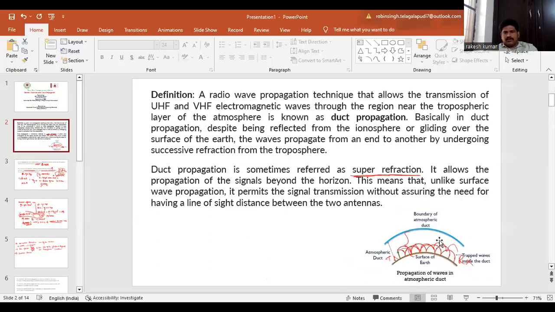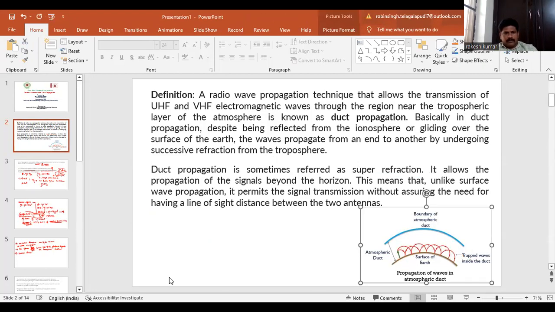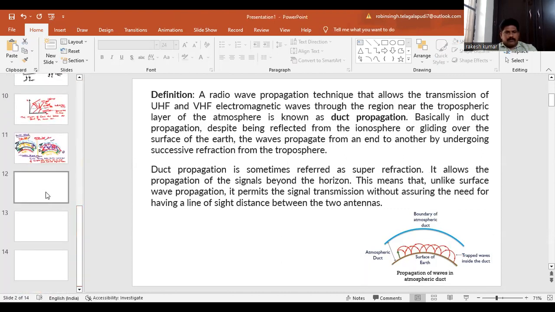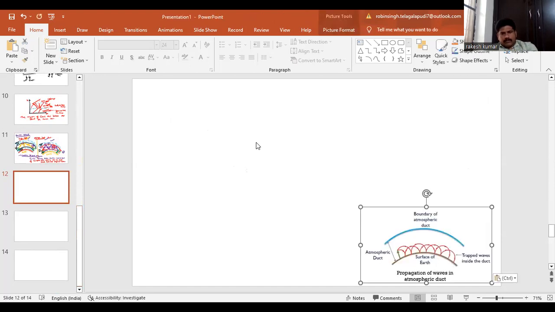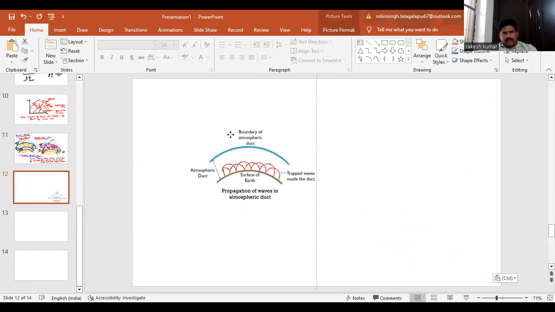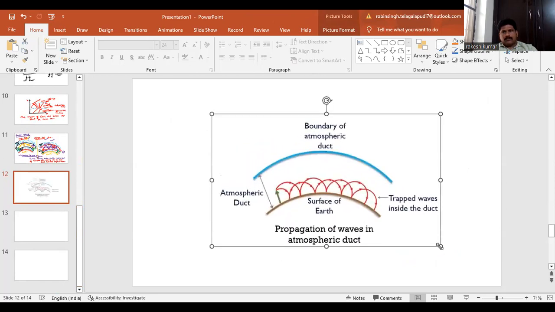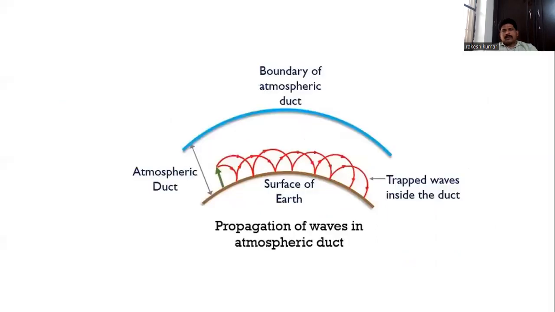Means, for example, let us consider this. So this is how the signal will get trapped in the duct.